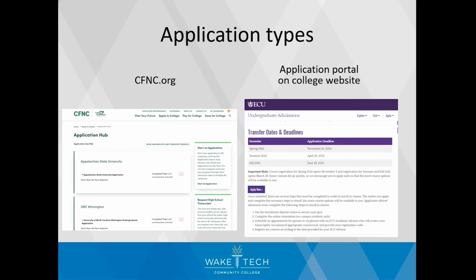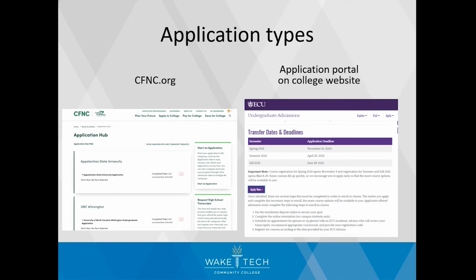All right, so next we are gonna talk a little about application types. The biggest application type when I was in college was through the cfnc.org website, and it still houses a number of applications to the schools in North Carolina. So we're gonna look at that screen in a minute, but there are other application types that we will talk about today.